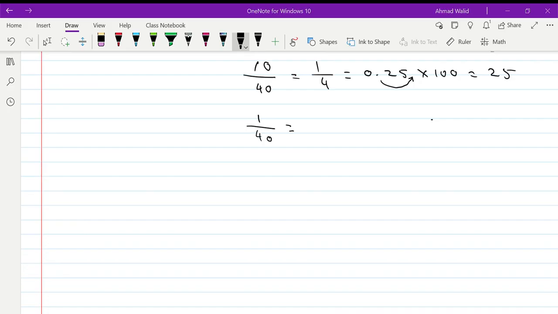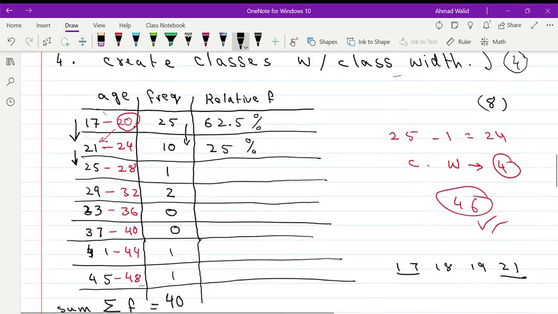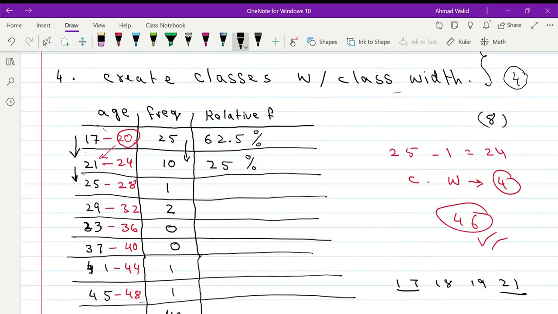Look at here. 1 divided by 40 gives you 0.025, correct? 0.025 times 100, it gives you two decimal places to this side, 2.5%, correct? Here, 2.5%.